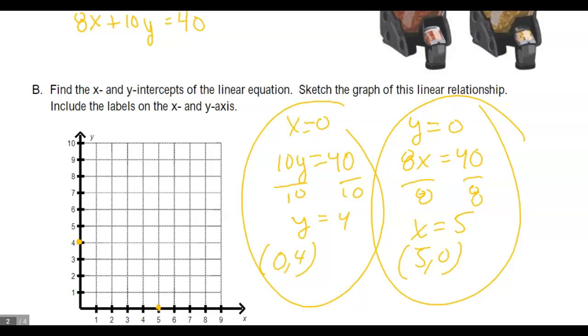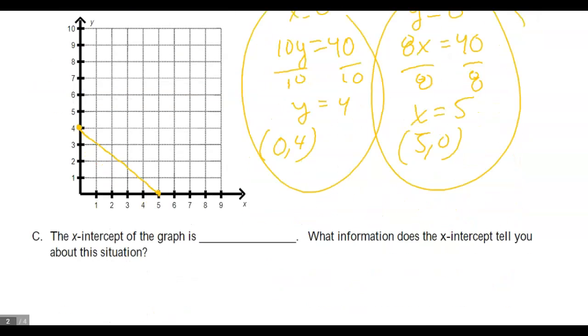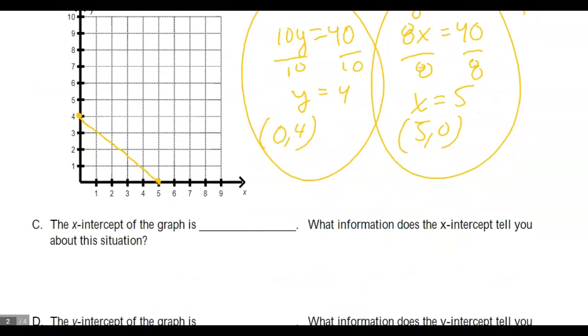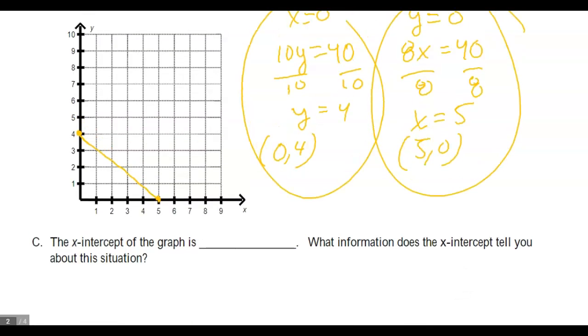This is where they could have done a better scale. Really, the 4 probably could have been up here, and the 5 could have been more over here, but they didn't do that. We already answered these questions. Where does it cross the x-axis? 5.